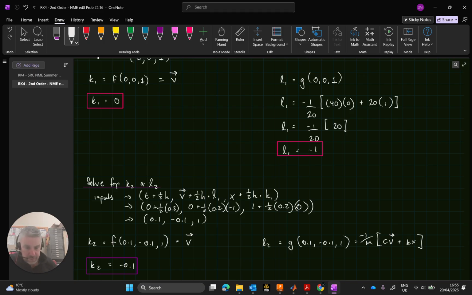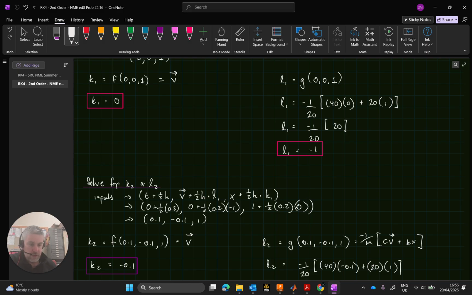So L2 is equal to minus 1 over 20 multiplied by C, which was 40, our V input value is minus 0.1, plus our K value is 20 times our current X value is 1.